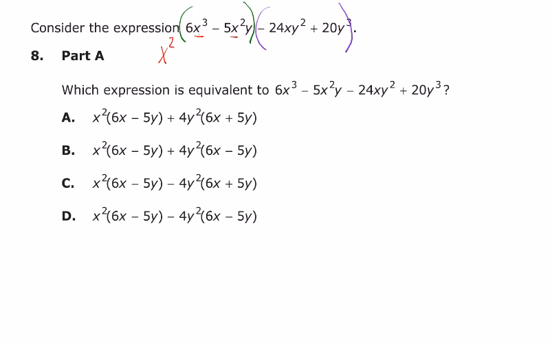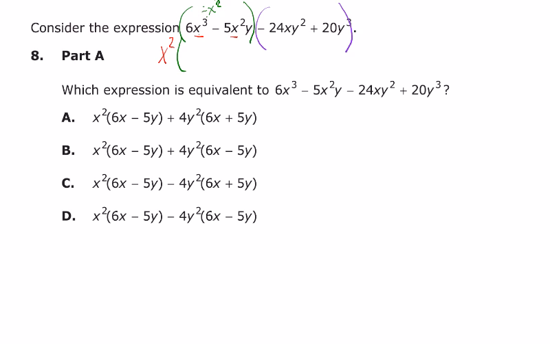And so now in my head, I'm going to divide each of these by x squared, right? So I can figure out what goes back inside the parentheses. So if I divide 6x cubed divided by x squared, then x cubed divided by x squared is just x, right?